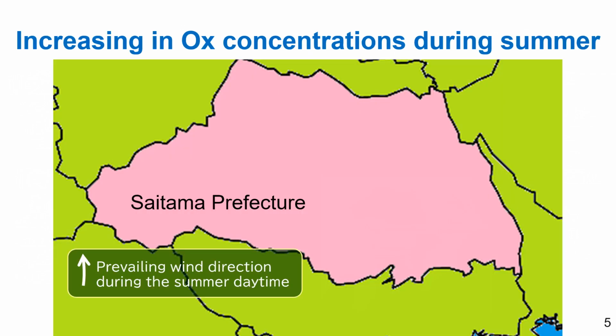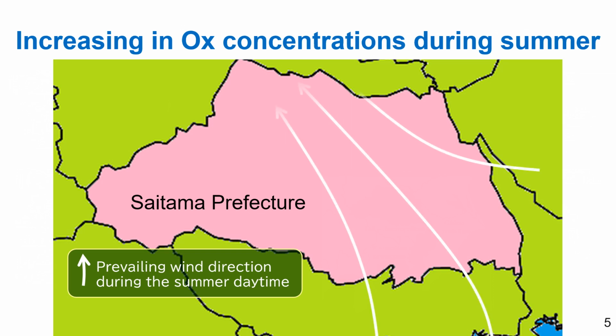In Saitama Prefecture, the geographic conditions and summer weather factors are conducive to an increase in photochemical oxidant concentration during the summer. During the daytime in summer, prevailing sea breezes from the south blow inland.